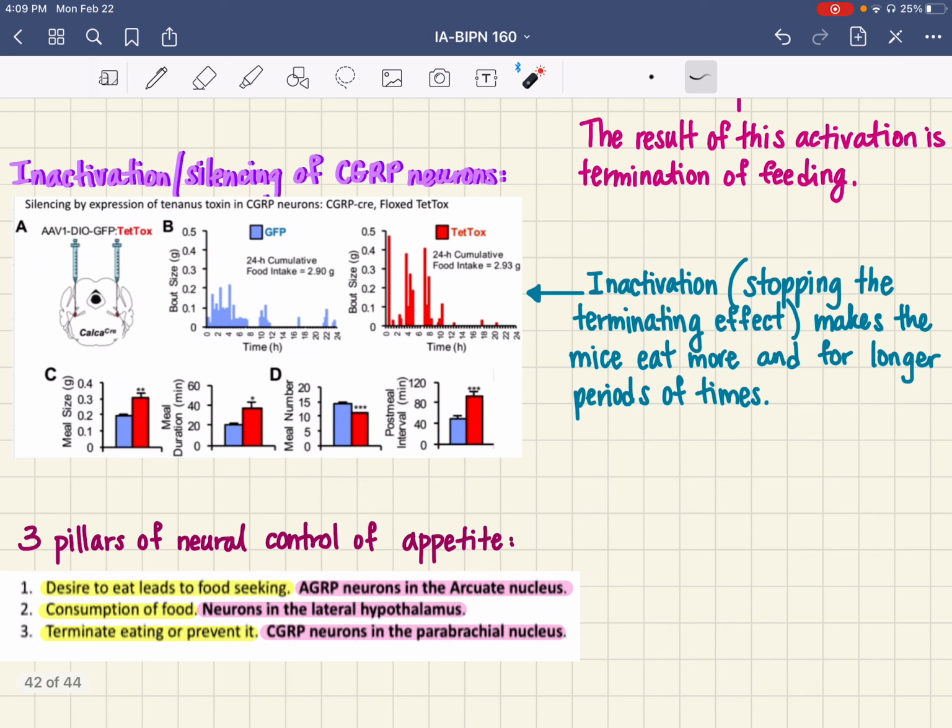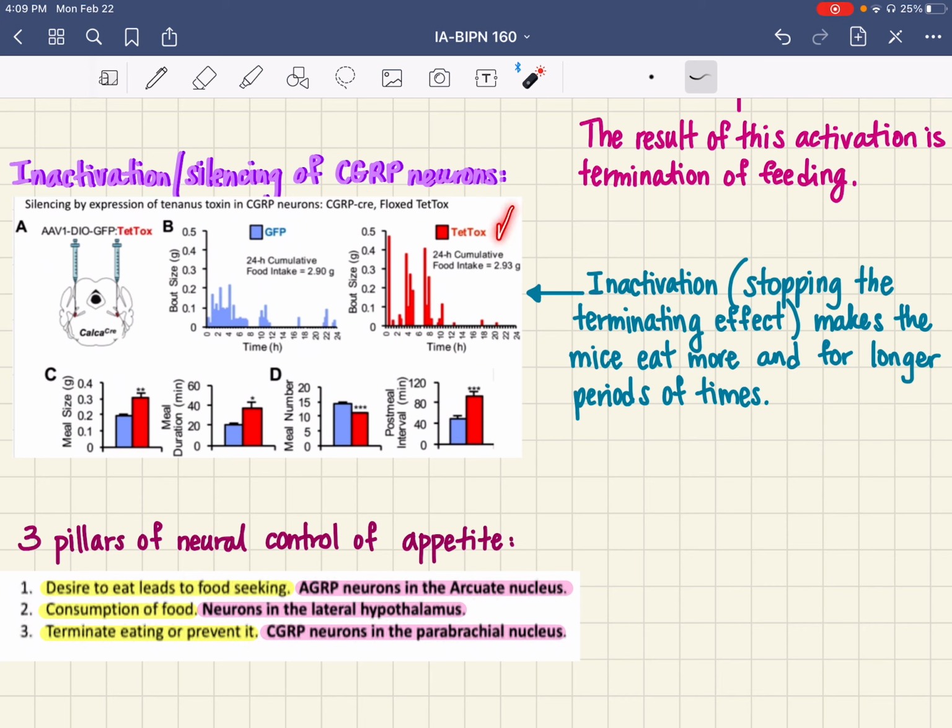So by using this inactivation or silencing technique, they silenced the CGRP neurons, okay, and by doing so, they stopped the terminating effect, and this made the mice eat more food, and for longer periods of time.